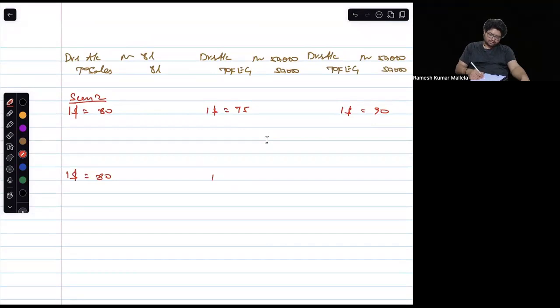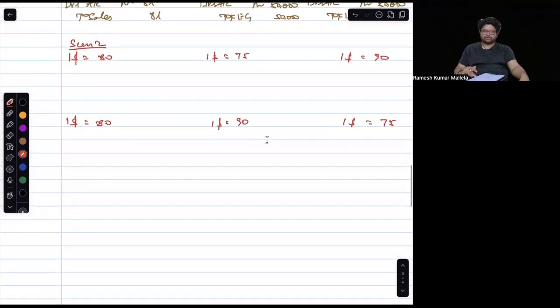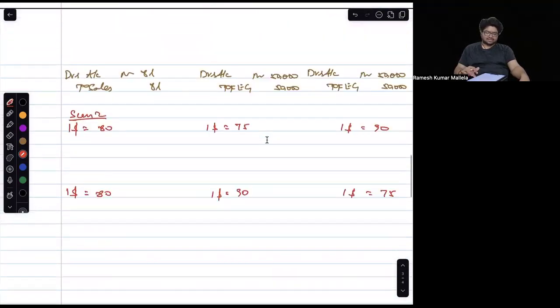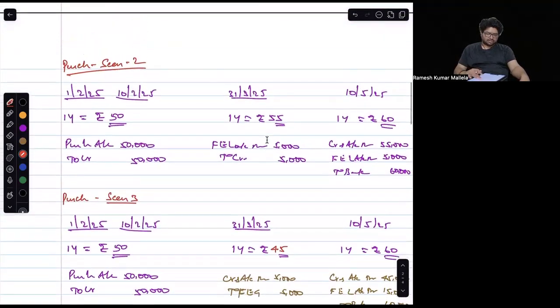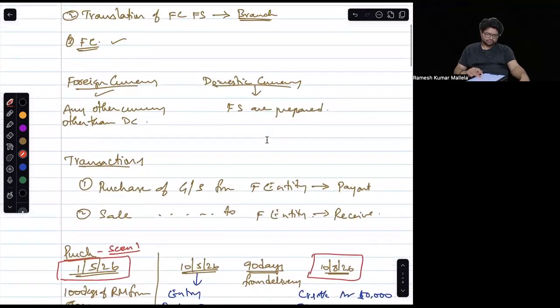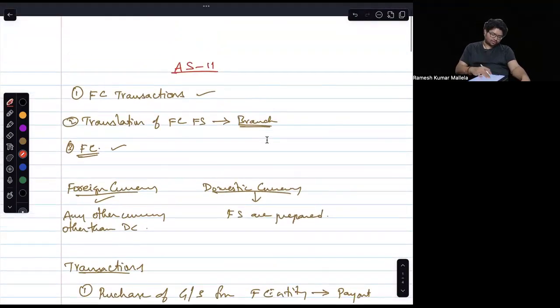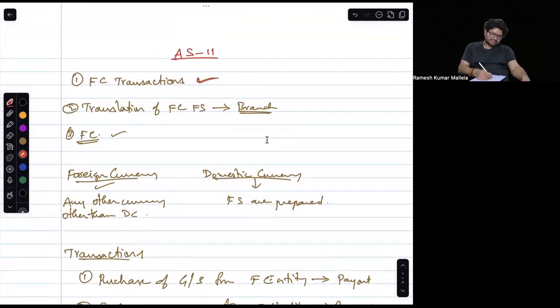Another: 80, 90, 75. For these scenarios, you can do it for yourself. I think it is clear, guys. So this is what we call foreign currency transactions.